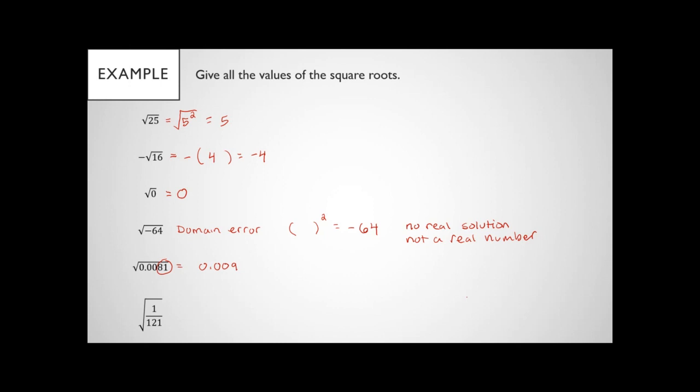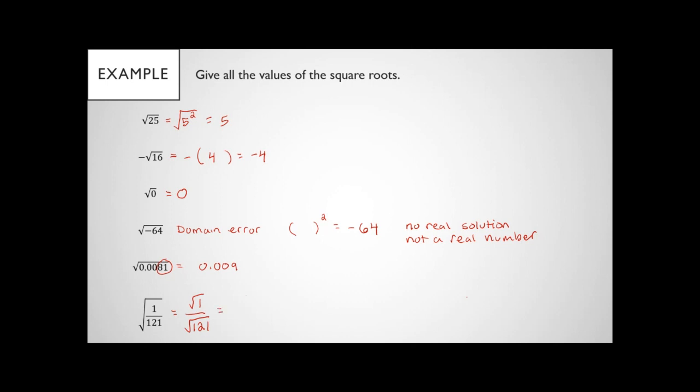Now with fractions, again, you might think, oh my goodness, I don't know how to do this with fractions, but it's actually not bad because we are allowed to split square roots up. If you have a fraction and you have things divided, you can turn it into 2 separate square roots. And so then you're just dealing with whole numbers, not fractions.